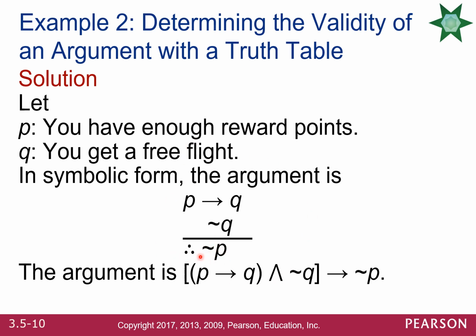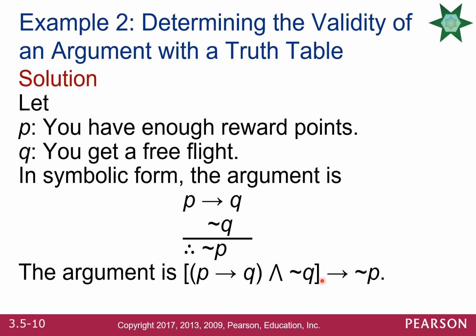And now we are going to put everything together with a conjunction and write the entire argument. At this point, it's an argument, all right? So this symbol for the argument is if P, then Q, and not Q, then not P. So there's a nested if statement. All right, so there are two conditionals here.